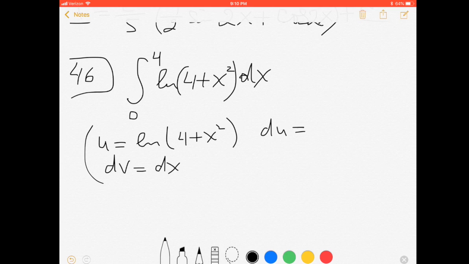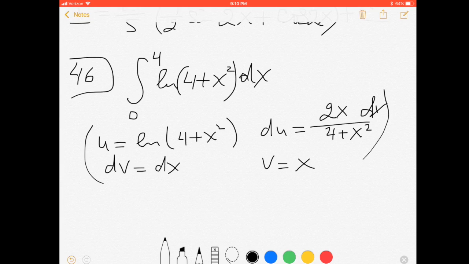du will be, with denominator 4 plus x squared, numerator 2x, and then we have dx. v here is only x. Okay, great.